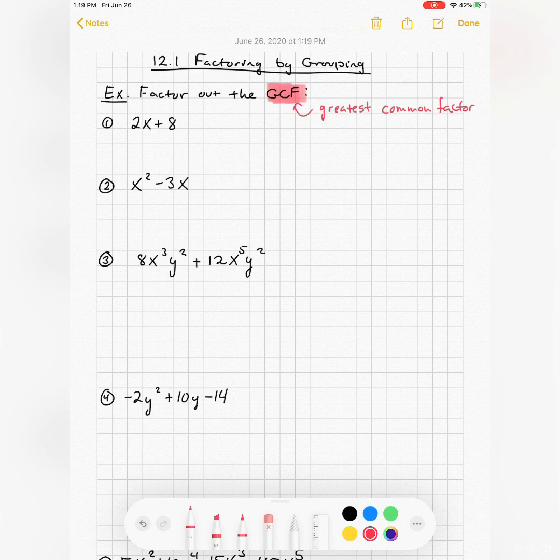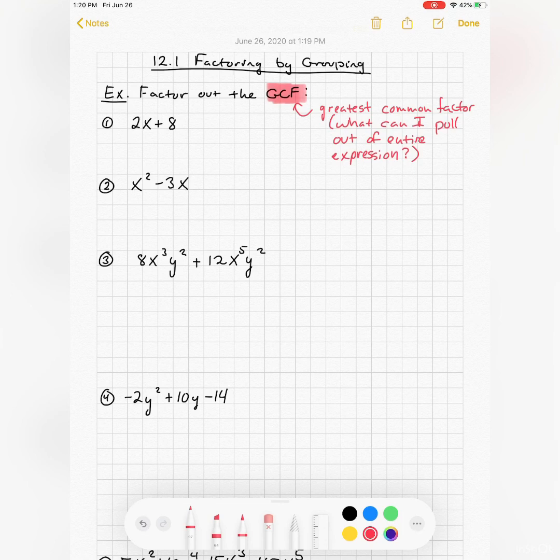So this is like, what expression or what polynomial can I pull out of the entire expression? In other words, all the terms in the expression have to be divisible by this greatest common factor.